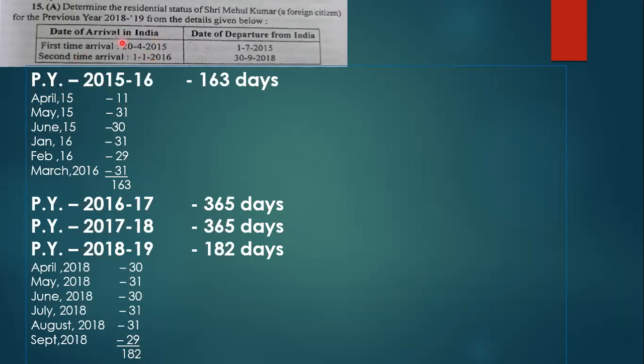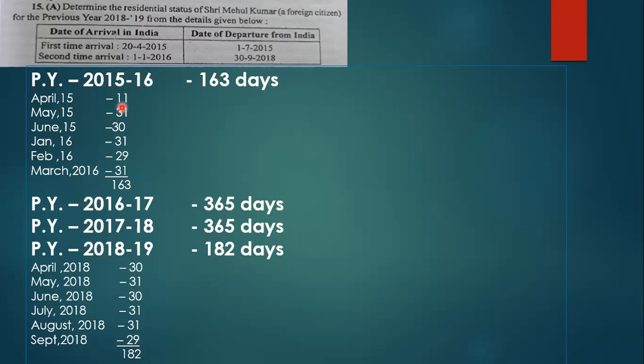So he arrives on 20 April. So for April 2015, he will stay 11 days in India. How 11 days? Either we can include the arrival day or we can include the departure day. It is up to us.